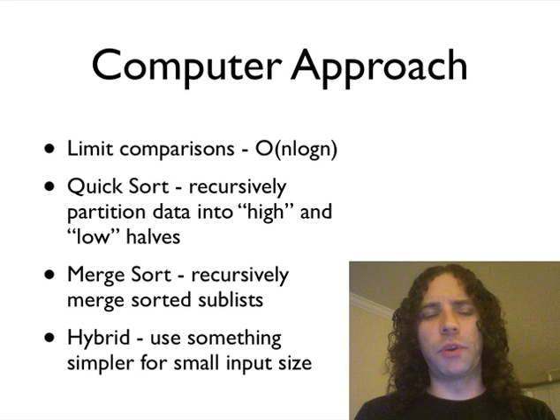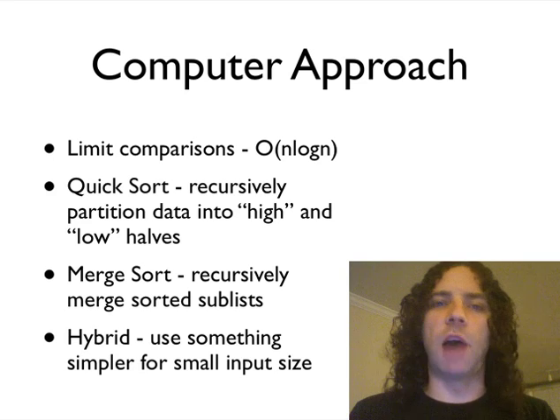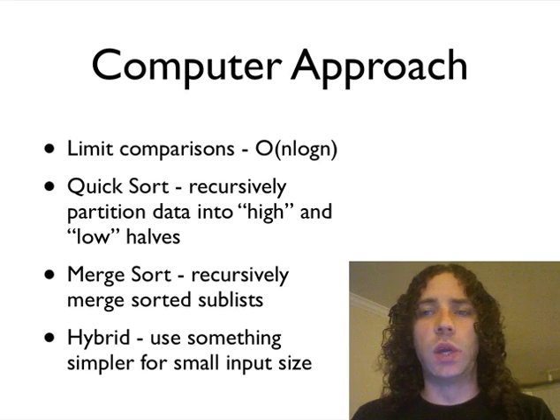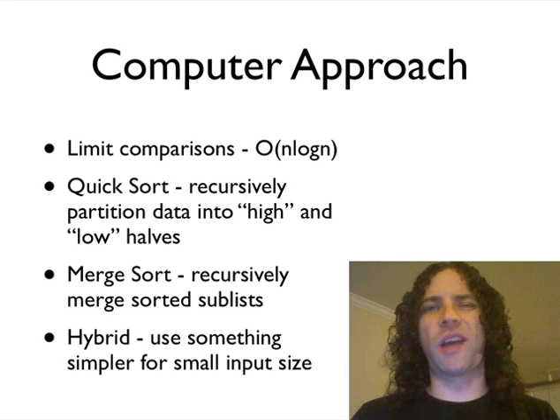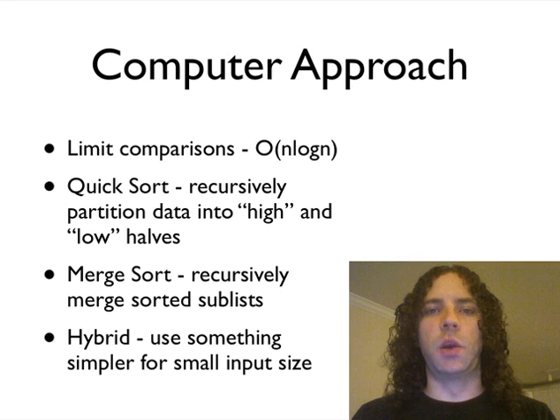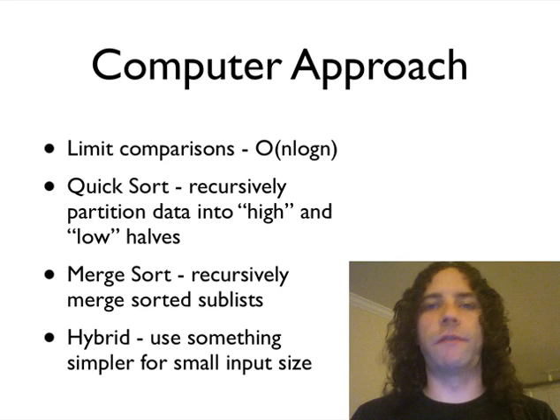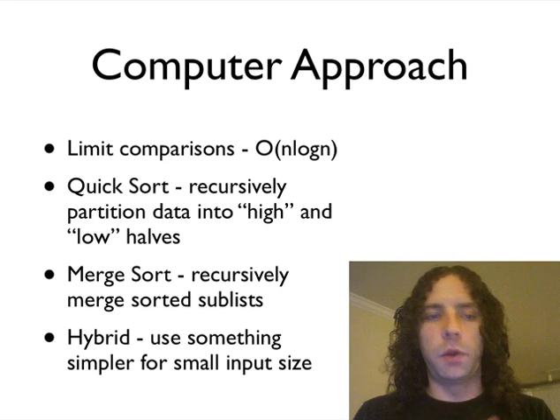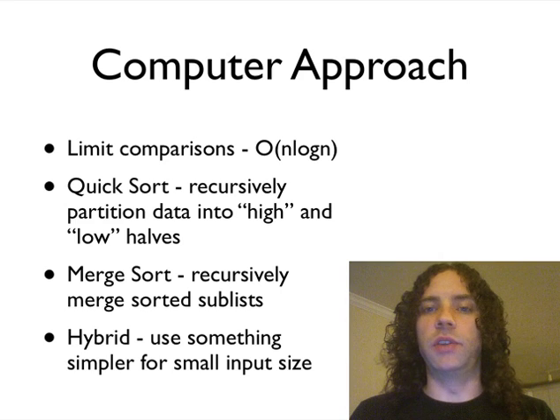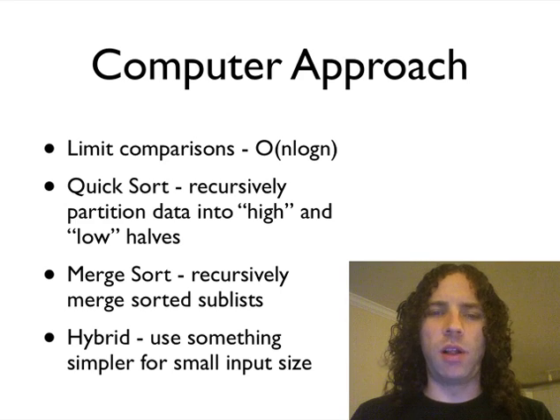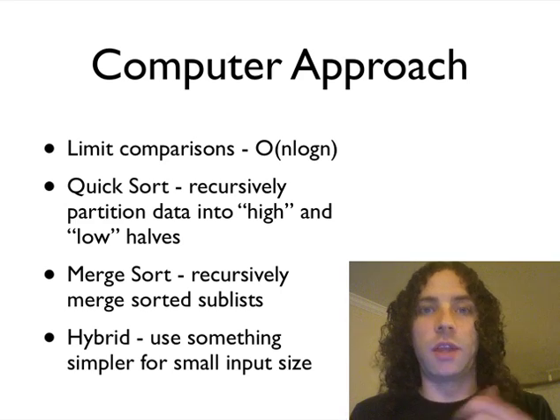So the hybrid approach is also realistically how people actually do this. Things like quicksort and merge sort have what's called a high constant overhead factor, which means that when the data gets really large, the constant factor doesn't matter. It's all about the n log n, and that's really, really good. But when it's really small, the n log n might be smaller than the constant.